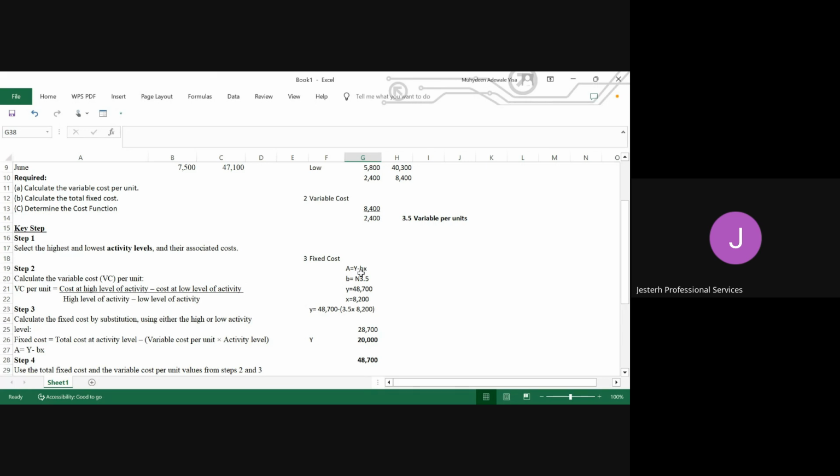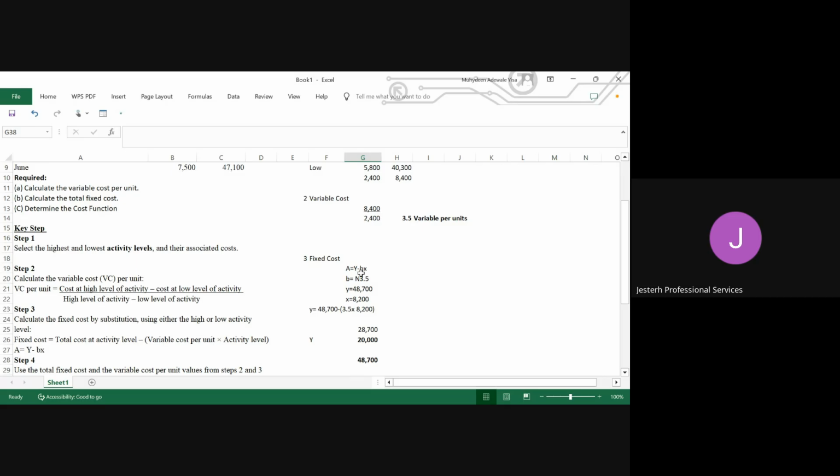Just understand the formula. The formula for splitting cost, we say, is Y equals A plus B times X. But if we are to determine our fixed cost, we are not going to use plus this time, because we are not calculating the total cost, we are only calculating the fixed cost.